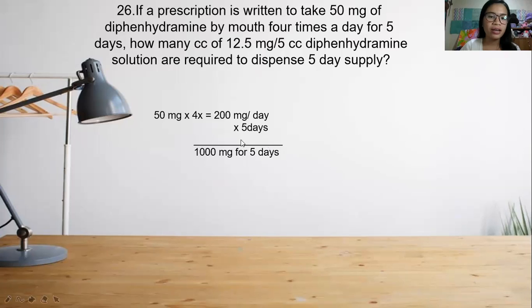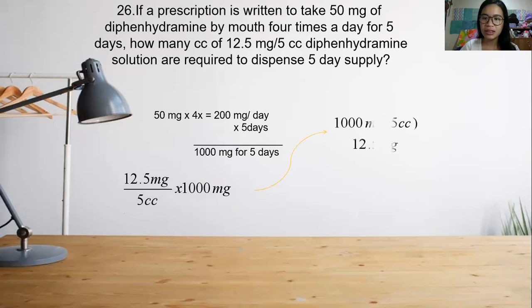Then times 5 days equals 1,000 milligram for 5 days. So 12.5 milligram per 5 cc cross multiplied to 1,000 milligram. So it will be 1,000 milligram times 5 cc divided by 12.5 milligram equals 400 cc for 5 days.